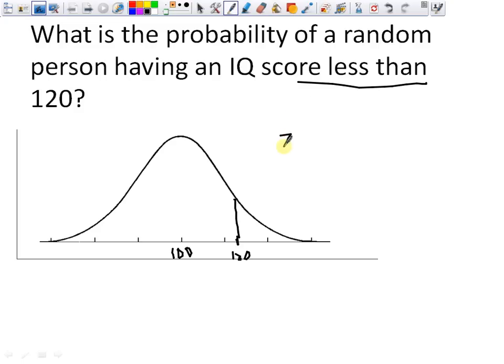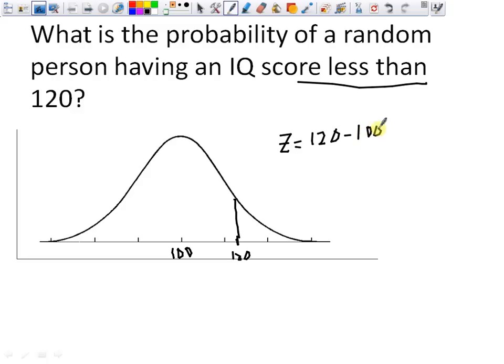So what we need to do is find the z-score. We need to find out how many standard deviations above the mean 120 is. We haven't used the formula yet, but hopefully it makes intuitive sense. 120 is 20 IQ points above the mean, so I have 120 minus 100.